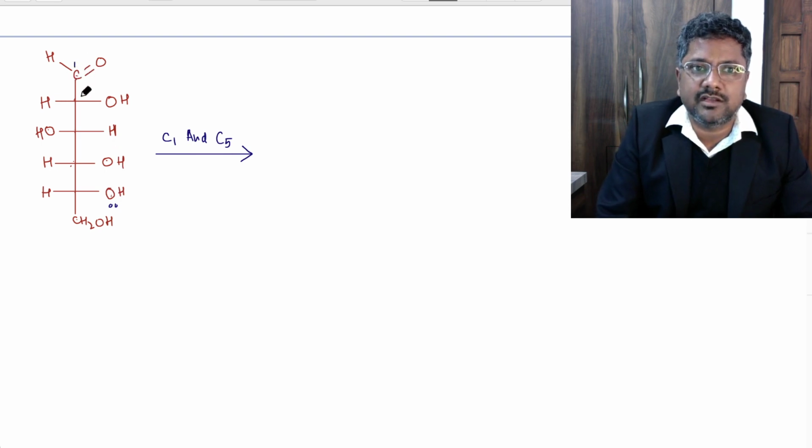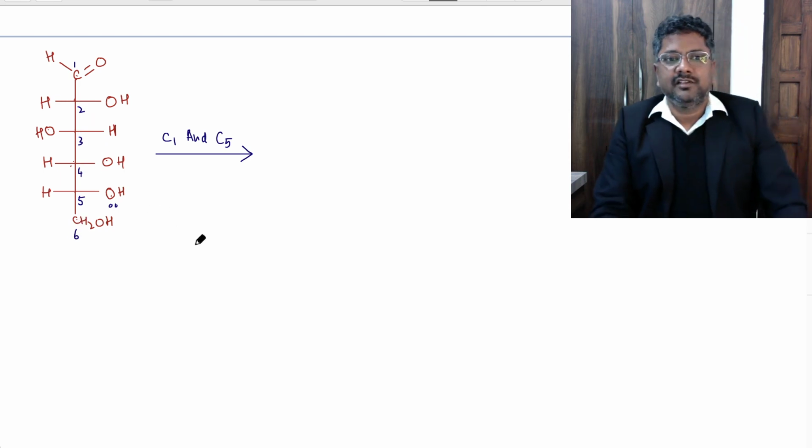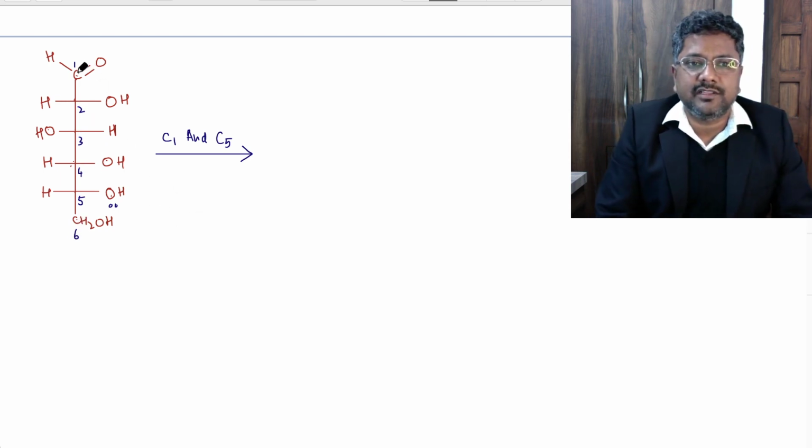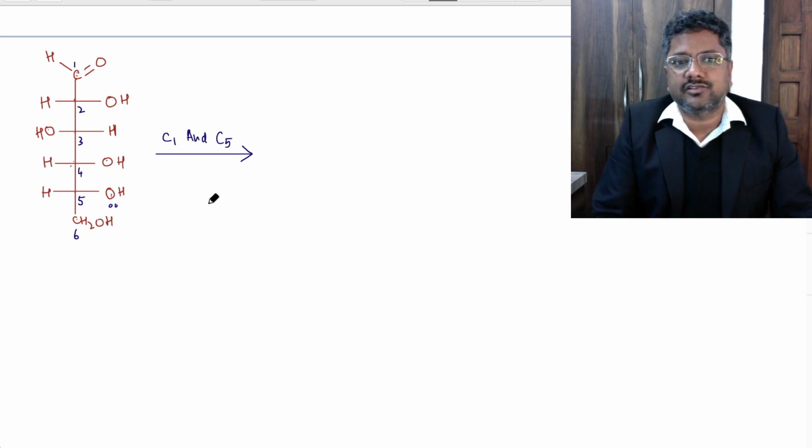See, this is 1, 2, 3, 4, and this is 5, and this is 6, right? So there is a reaction between this carbon and this oxygen. Okay, getting my point?